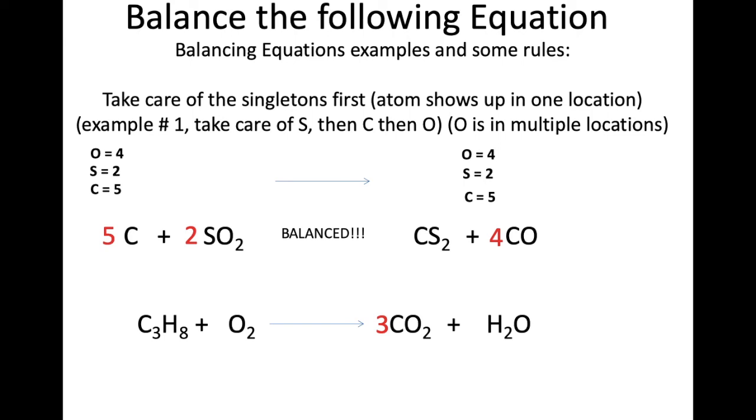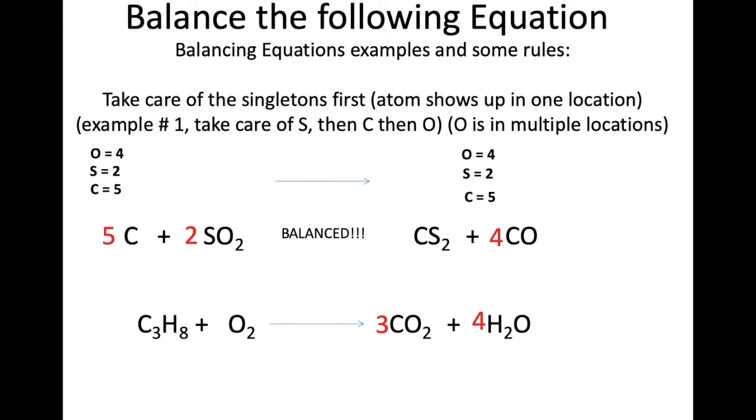I also know that I have 8 hydrogens in my reactants, so I'm going to go ahead and make how many hydrogens I need. I have 4 times 2 of the hydrogens for the subscript. So I have 8 total hydrogens in the products, 8 total hydrogens in the reactants, which leaves me with 4 times 1 oxygen.